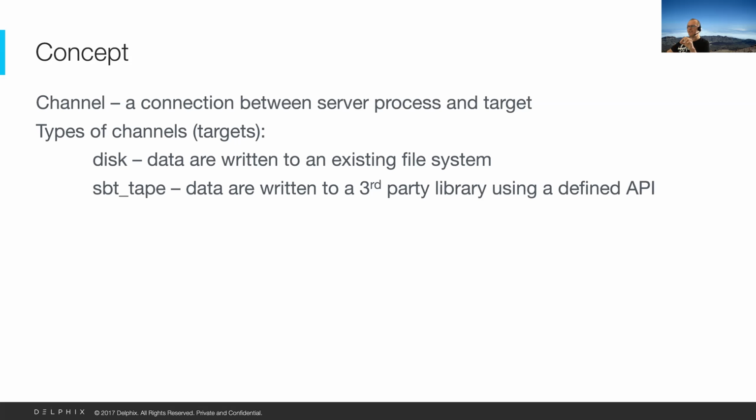It's very important to understand that even if you connect your client over the network, the channel is always created on the database server. The background process, starting like a normal Oracle process, is creating the channel. By default, it's creating a channel to the disk. So basically, you can create a backup to the disk without any additional software.